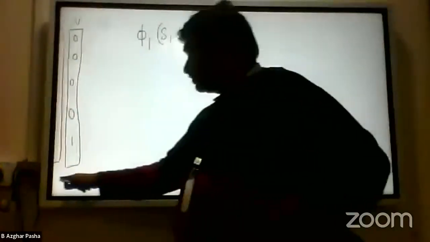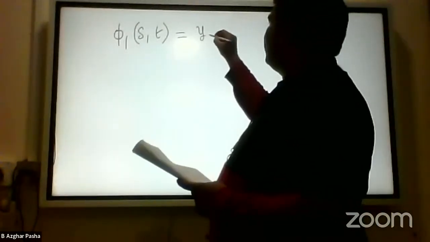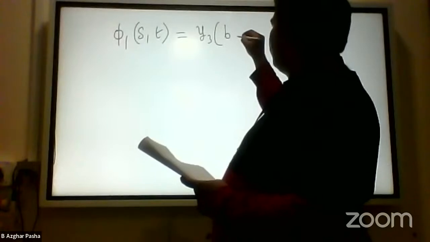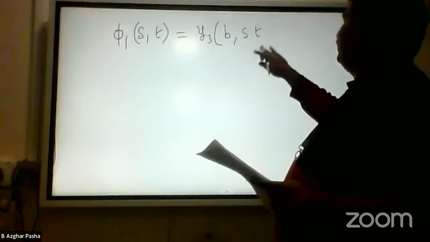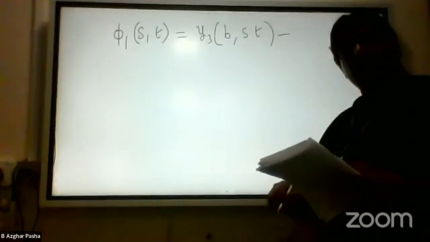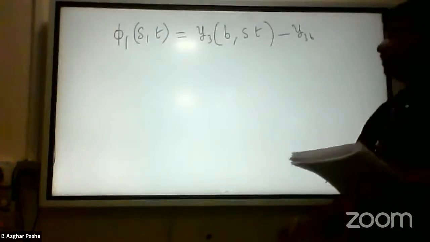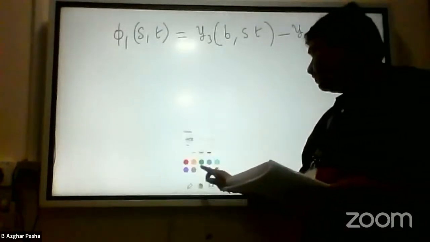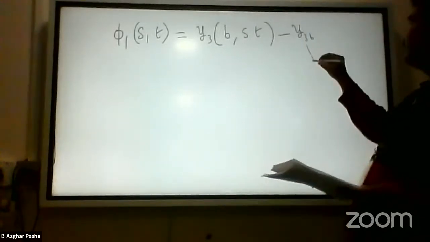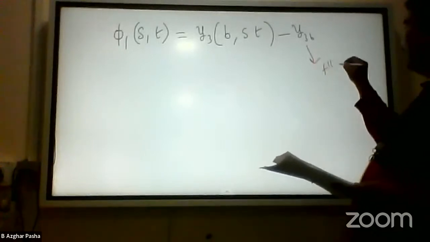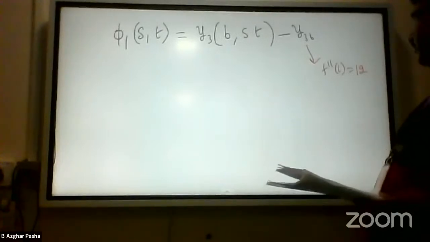Let me write the conditions. Phi1 of s comma t is related to y3, the initial value problem. The solution at b should match the given condition y3 of b, which is f double dash of 1, equal to 12.